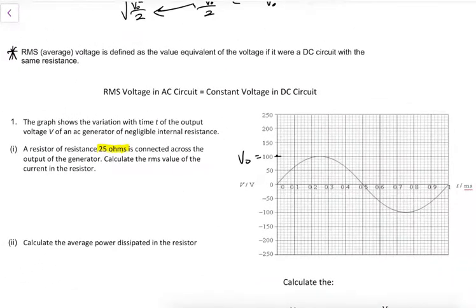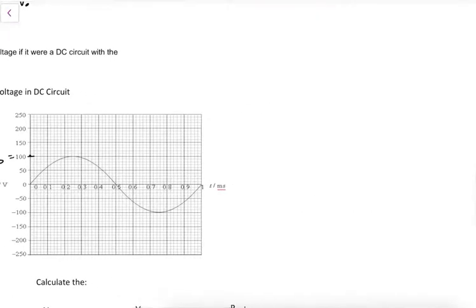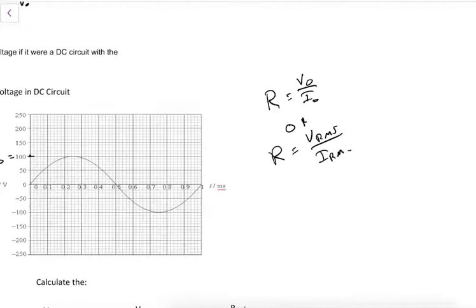And we want to somehow get to an RMS value of current. Something to note on the side is that R is equal to V naught over I naught, or R is equal to V RMS over I RMS. This is also given in your data booklet.